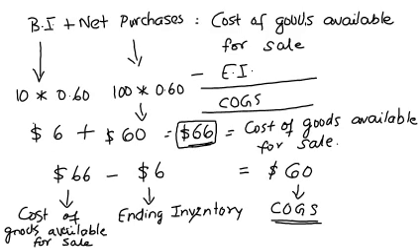So this is the equation that's important. Beginning inventory plus net purchases equals cost of goods available for sale, and cost of goods available for sale minus ending inventory equals cost of goods sold.